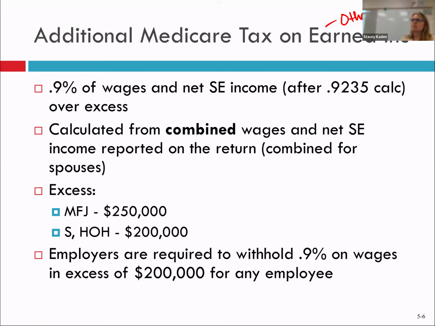So we had to come up with some revenue producing provisions. And two of the ways were these additional taxes. These are taxes on wealthier individuals to help cover those costs. So the additional Medicare tax on earned income. What is earned income?